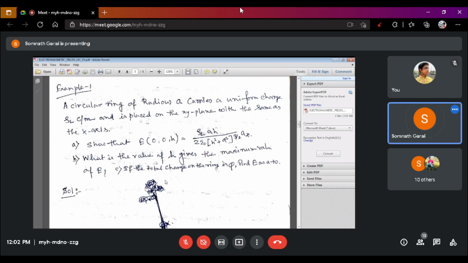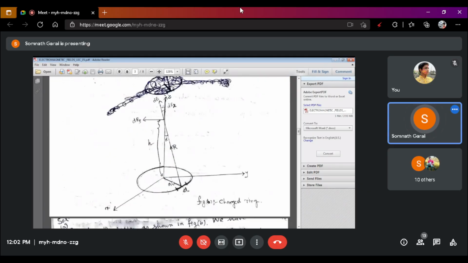Right? Now we have to calculate one example. Just see that.